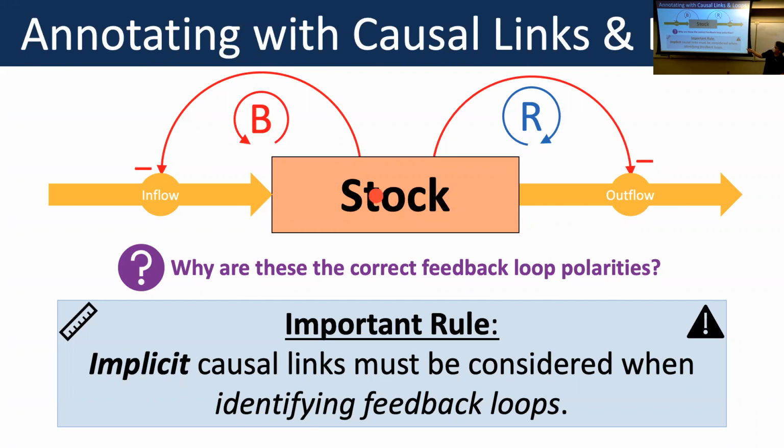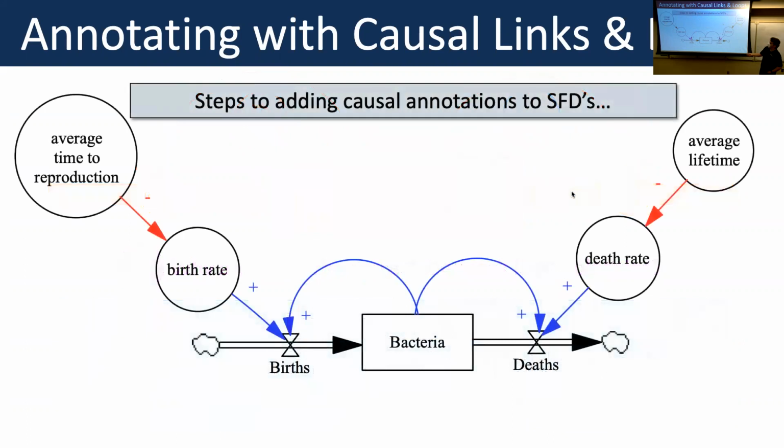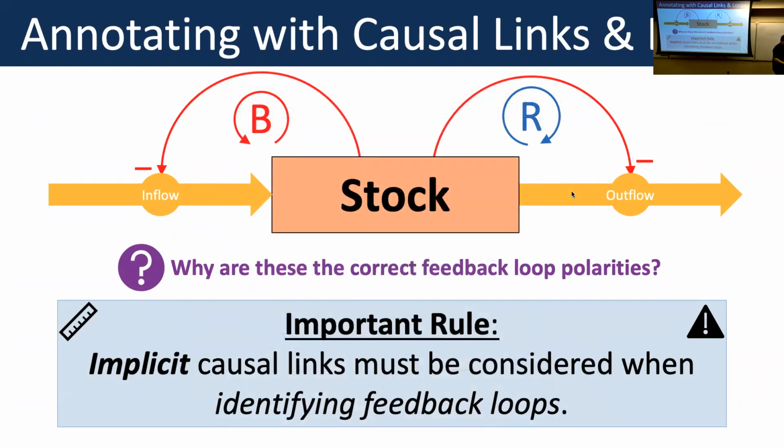Over here, it's usually easier to see this feedback loop because the inflow to the stock is just a positive link. But over here, it's really easy to forget that there's actually a feedback loop, and the reason for that is those implicit links.